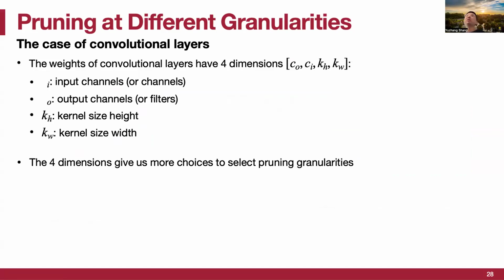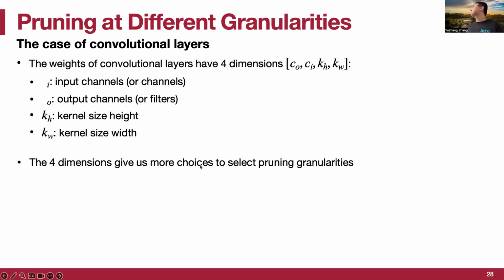But convolutional layers are more complicated than just one big matrix. If we take a look at convolutional layers, pruning on CNNs is more complicated because we have output channels, input channels, kernel height and kernel width, so many dimensions to be considered, right?